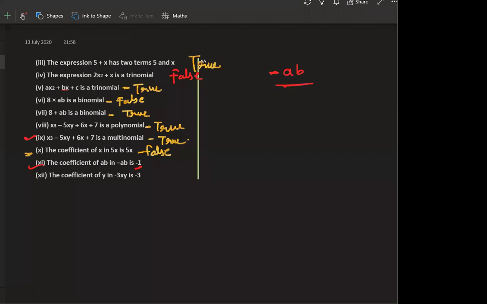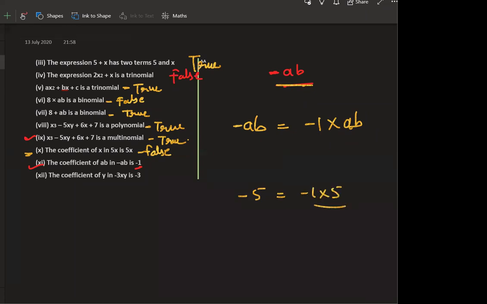The coefficient of AB. Let's look a little deeper at this. Minus AB is what? -1 into AB. Whenever, for example, -5 is written, -5 is what? -1 into 5.